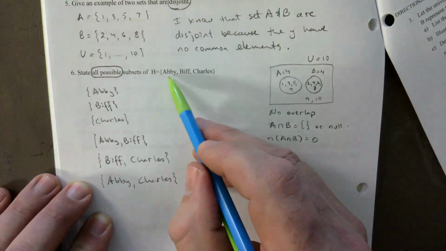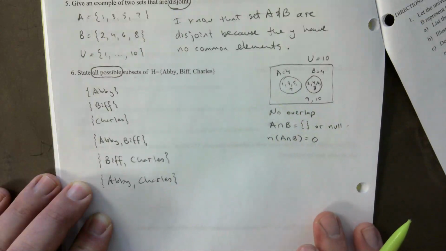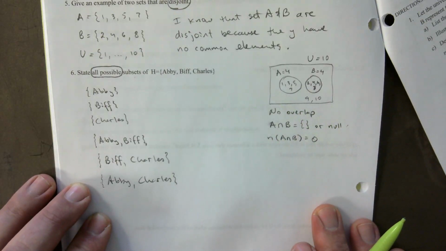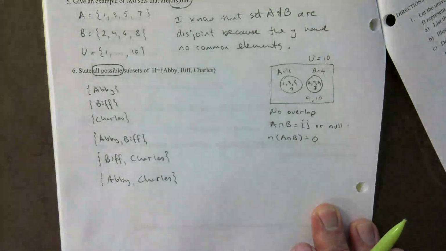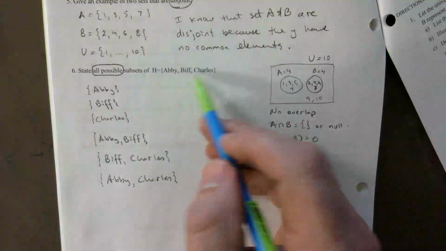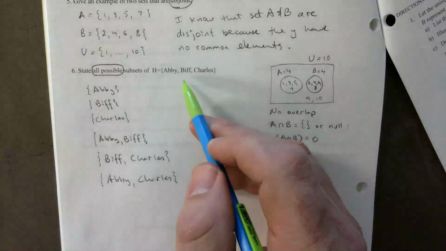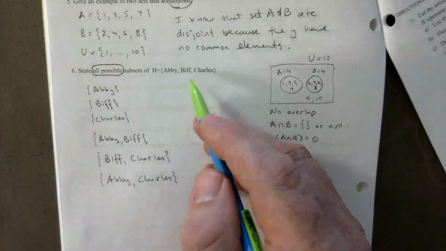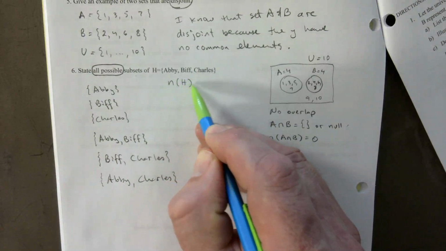And you cannot have Abby, Biff, Charles again, that would be wrong. So how many do you have? 6, right? This is foreshadowing our next unit. The way you can tell, if I ever have a bunch of items and I want to know how many possible combinations I have, n of H is 3.